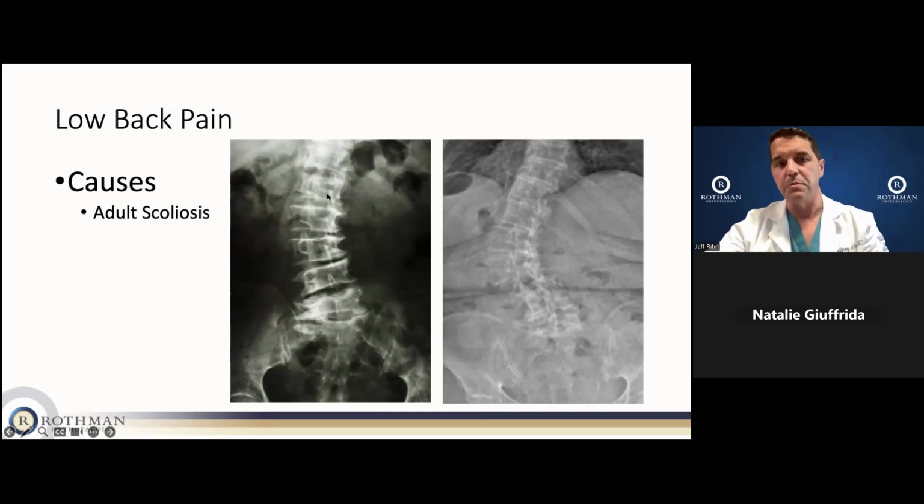As a result, the spine can curve. And you can see in this X-ray, the spine is curving, and you can see these little pointy bone spurs forming as a result of the degeneration. And this is a more dramatic example of a degenerative scoliosis in an adult. So the curvatures can become pretty significant and painful.